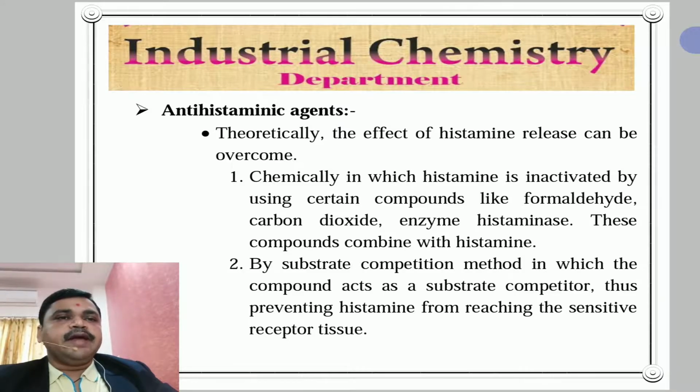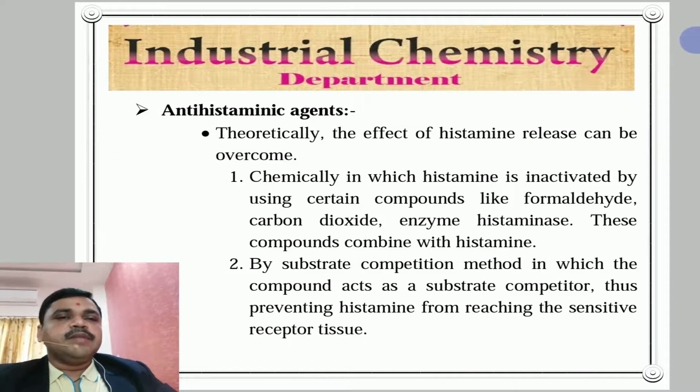Theoretically, the effect of histamine release can be overcome. Number 1, chemically, in which histamine is inactivated by using certain compounds like formaldehyde, carbon dioxide, and the enzyme histaminase. These compounds combine with histamine.